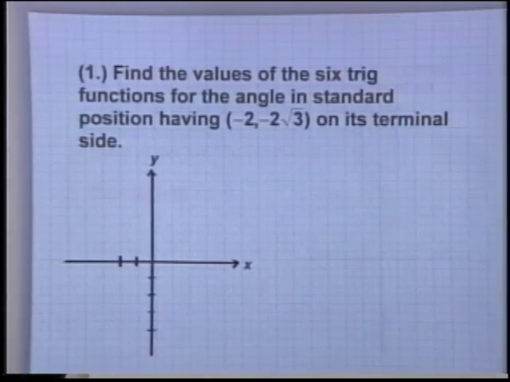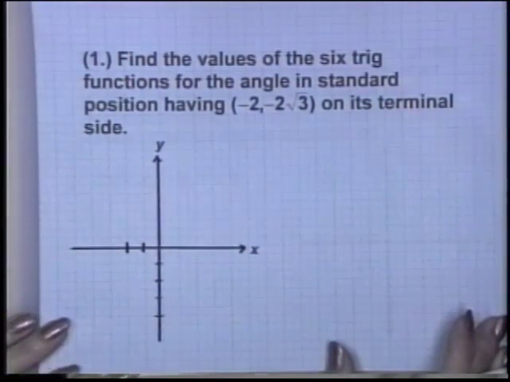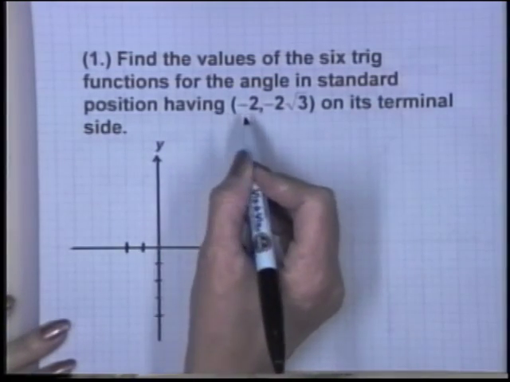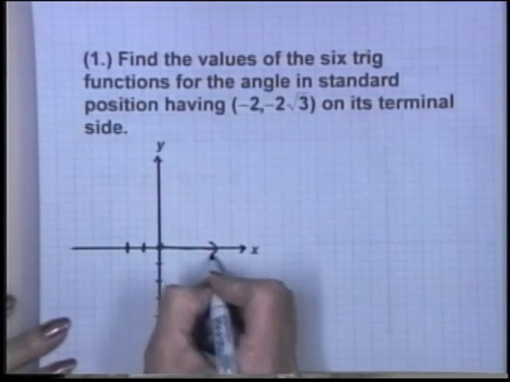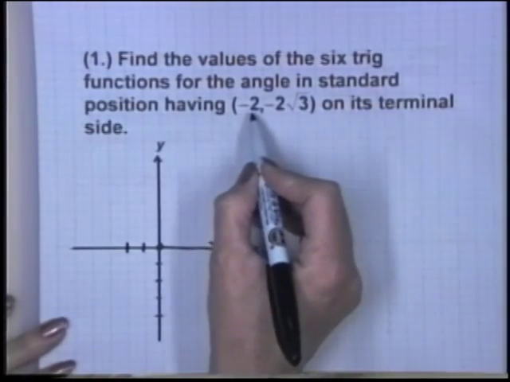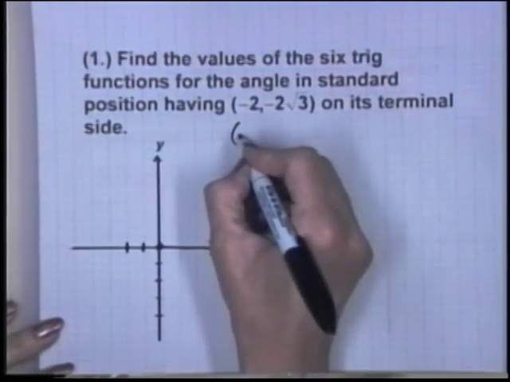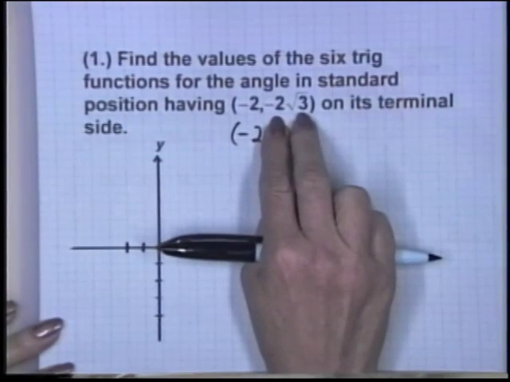Well, first thing that I want to do is to graph this, and I will call this angle theta. I'm going to put my initial side, and then for my terminal side I want to plot this point. Now when I get ready to plot this point, I need to have an estimate of what this value is.